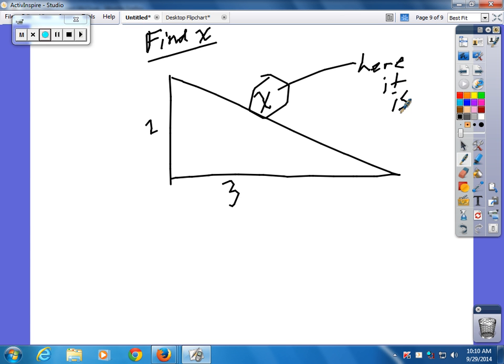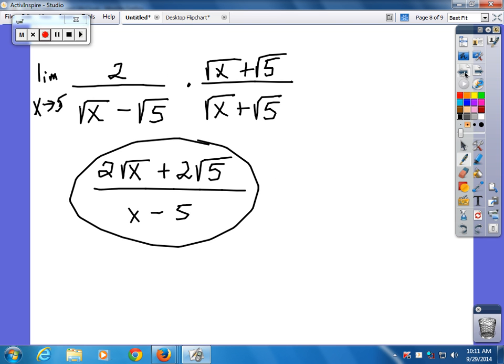Y'all ever seen that? Nothing is that simple. There's two things in life. Nothing is free, and nothing is that simple. If they put this on a test, do you think it's as simple as circling it and saying, here it is? No.